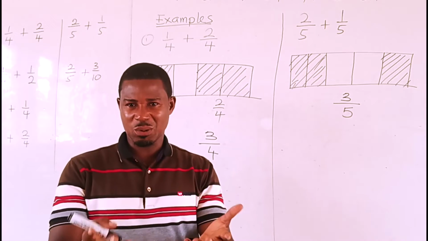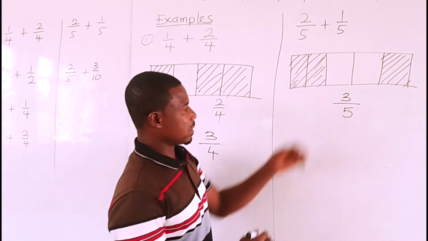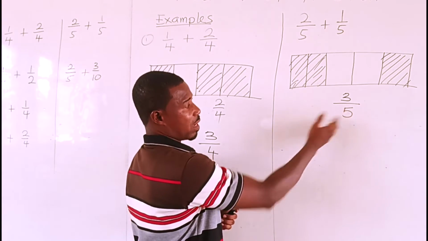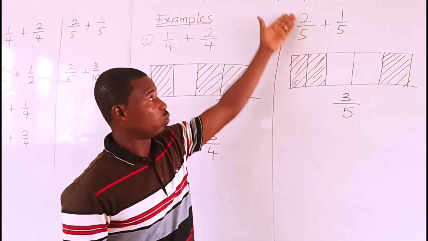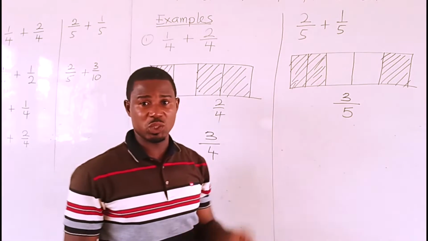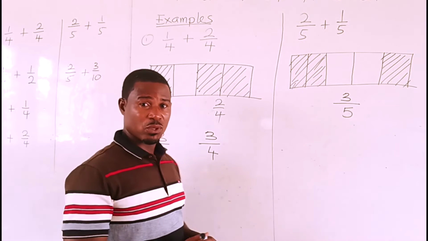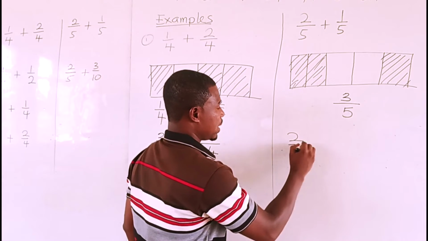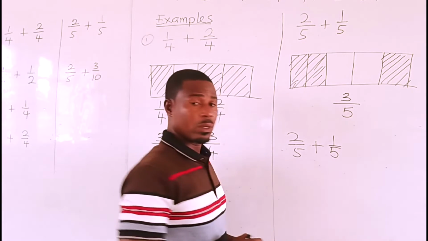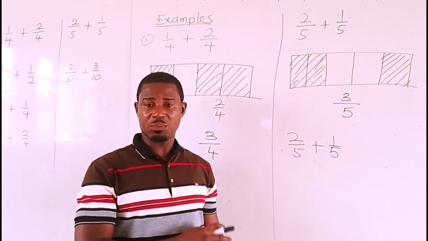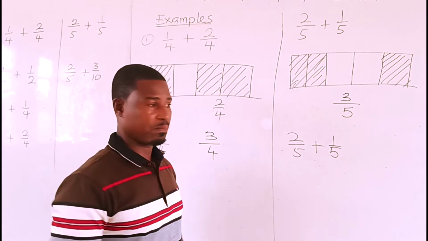But then with calculations, how do we go about it? Looking at this, to do this in a very simple manner, you need to give a good interpretation of the problem. And what is the interpretation here?